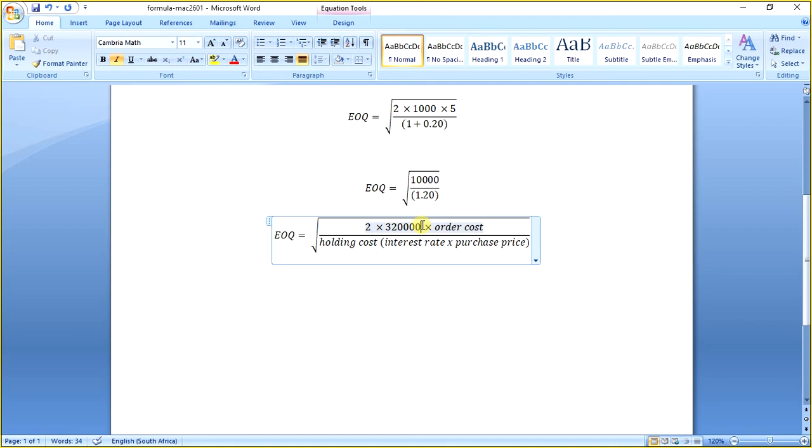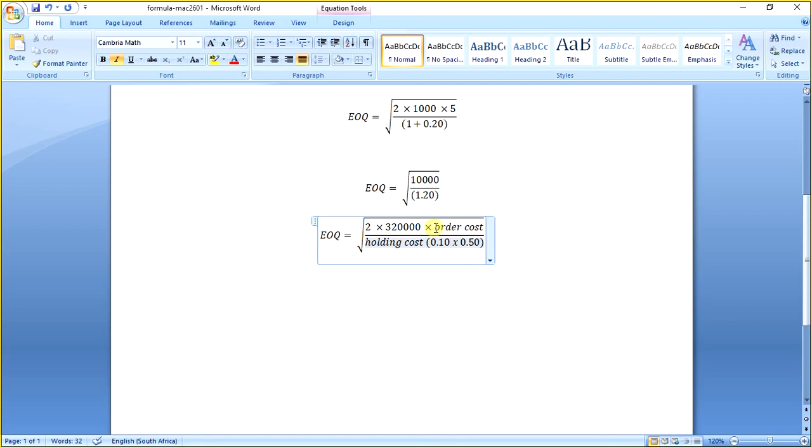So then the price would be 50 cents per can. Correct. What else? The company borrows funds at a 10% interest rate. There's your interest rate. And the purchasing agent calculates that it costs 15 Rand variable cost to place an order.